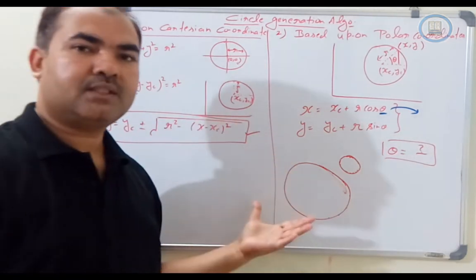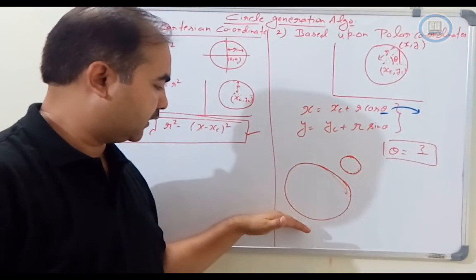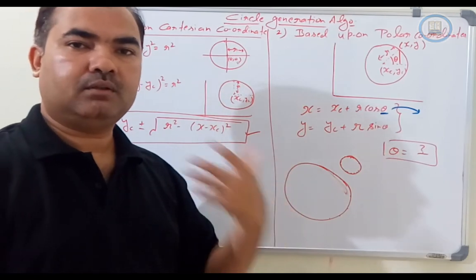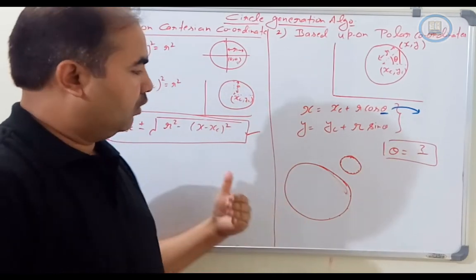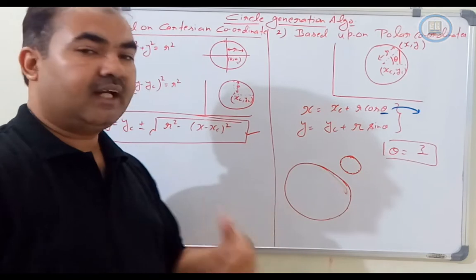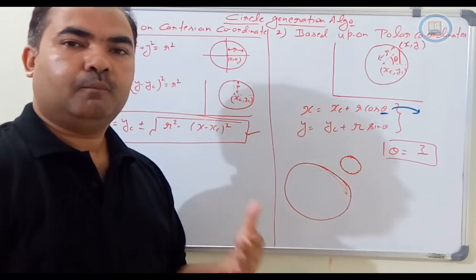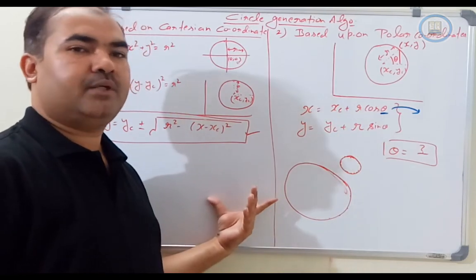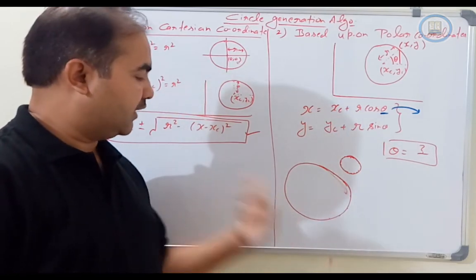So these are the two methods in mathematics by which we can draw the circle, but practically we cannot implement these two methods directly in computer graphics. For this purpose we have another algorithm called the Bresenham circle generation algorithm, also called the midpoint circle generation algorithm. We will discuss it.